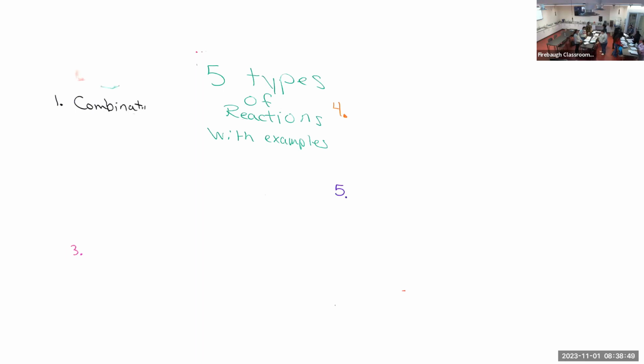So you said A plus B. What's that arrow? What is the name of the arrow? Equals. It's not equal. Get your butt up. Come on. What is that arrow called?